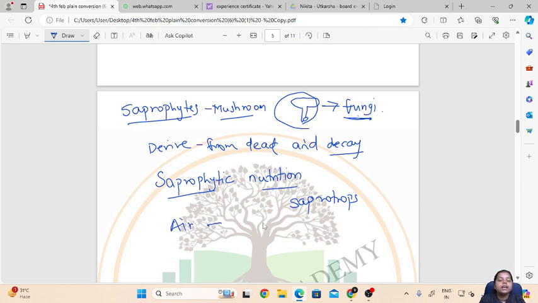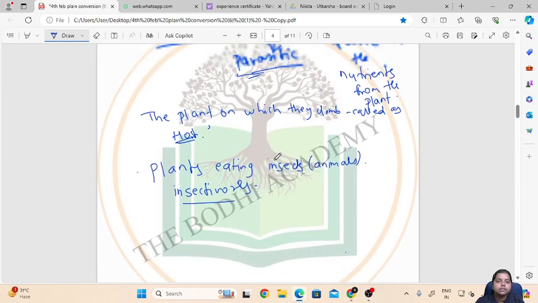When they get a substrate, that is, when they find food or anything, they settle on it. If they get a warm environment with a little water and high temperature, they germinate right there. Understood?